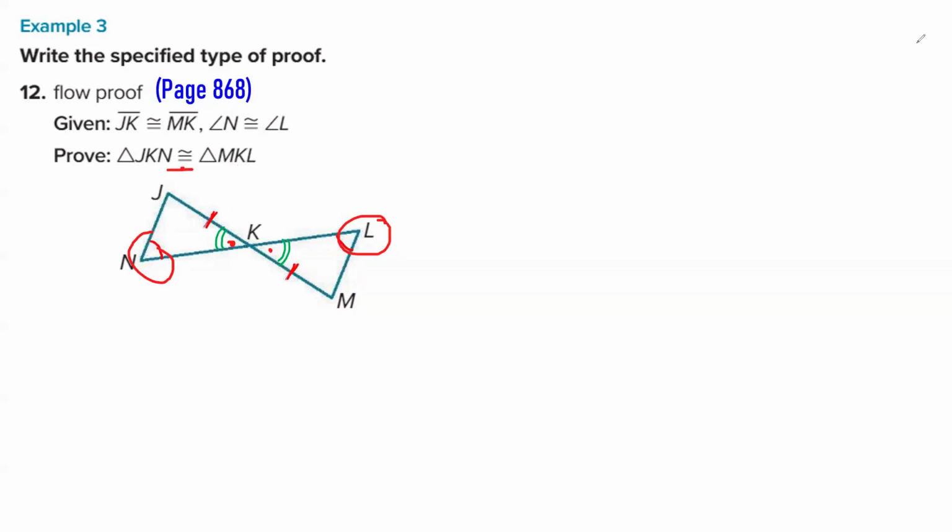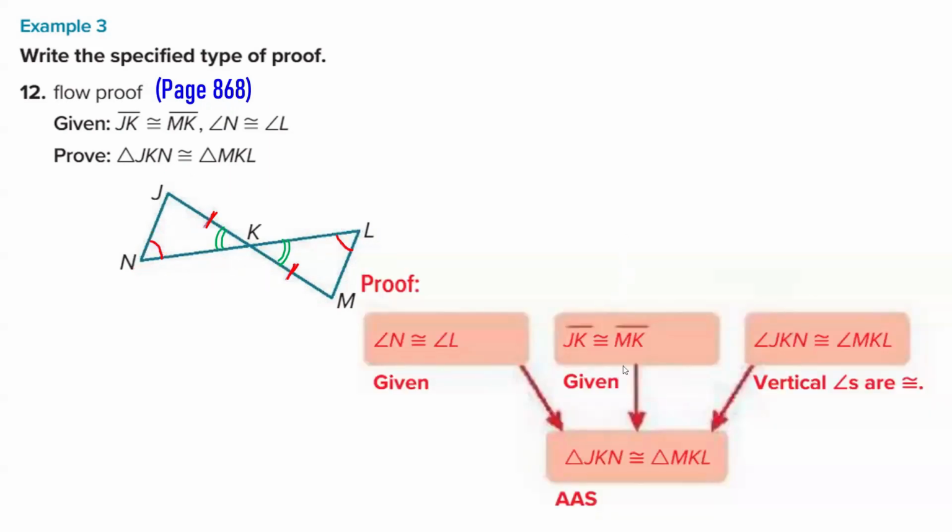How to do that? So the idea of flow proof is very easy and clear. You need to list the given statements, as you see here.